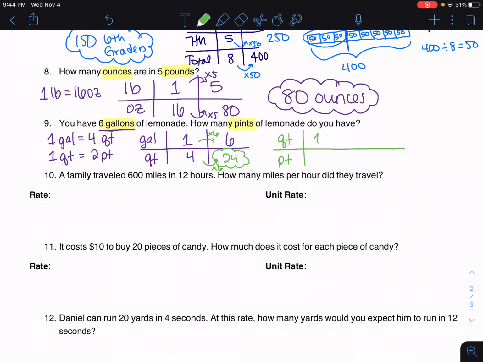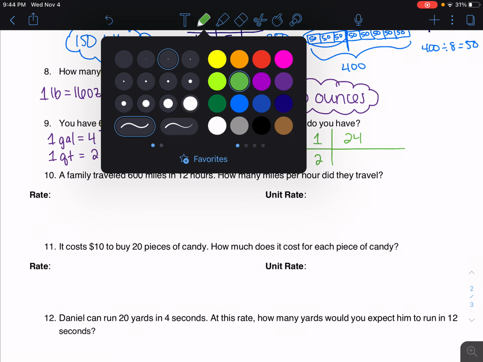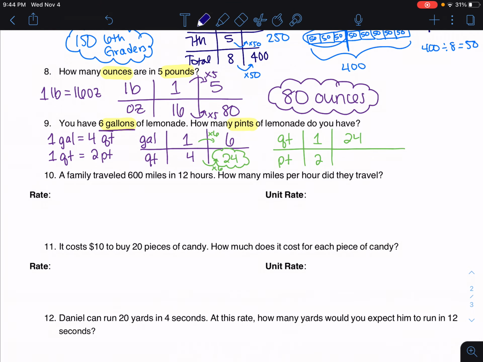I know that there is 2 pints in 1 quart, and I know that I've got 24 quarts. So to go from quarts to pints, I'm going to multiply by 24, and I get 48 pints.